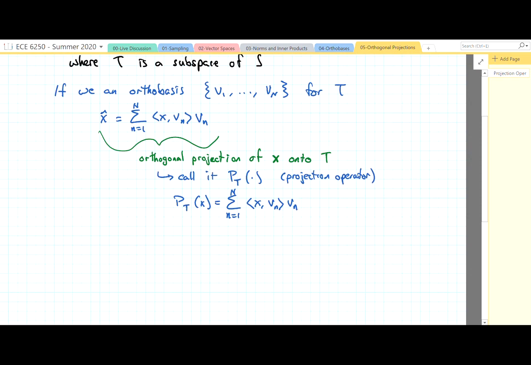Okay, so let's look at some of the properties of PT.